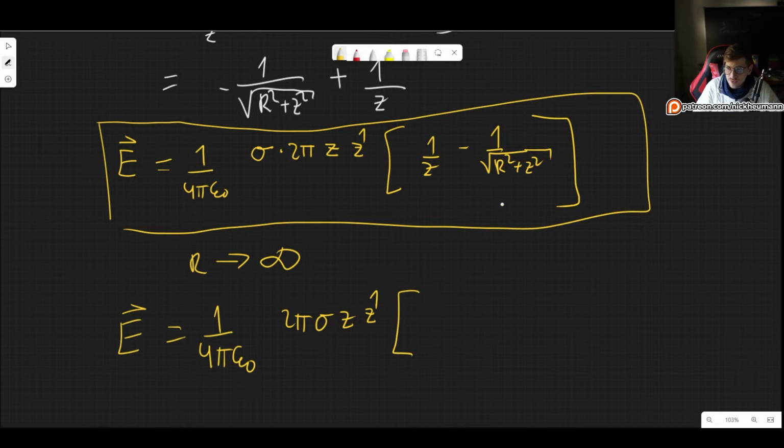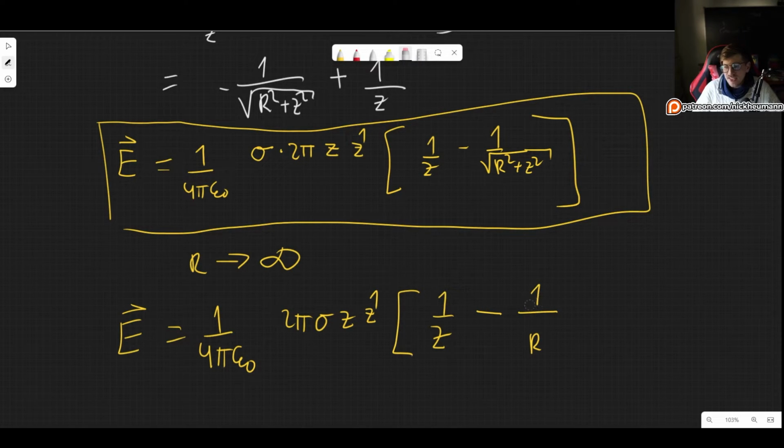And then what do we have here? 1 over z minus, and now r is so much larger than z that this z makes no difference. So this is basically 1 over the square root of r squared.